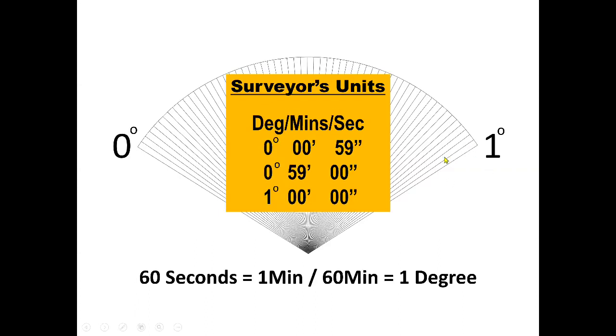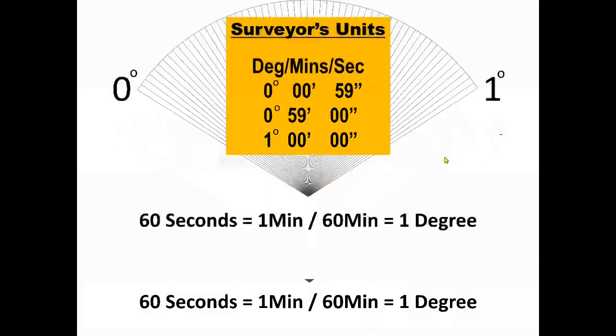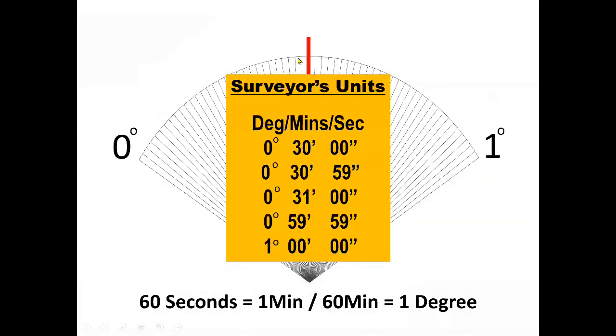So let's look at a typical measurement. On screen, we have exactly halfway between 0 and 1 degree. So on this, you will notice that it shows 0 degrees, 30 minutes, 0 seconds. And that is because that red line is exactly halfway. But if I were to go 1 minute beyond that, then that would now be 31 minutes.